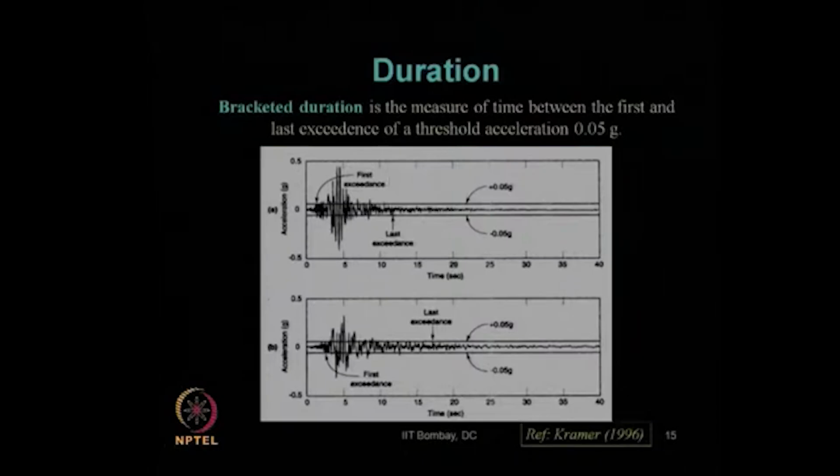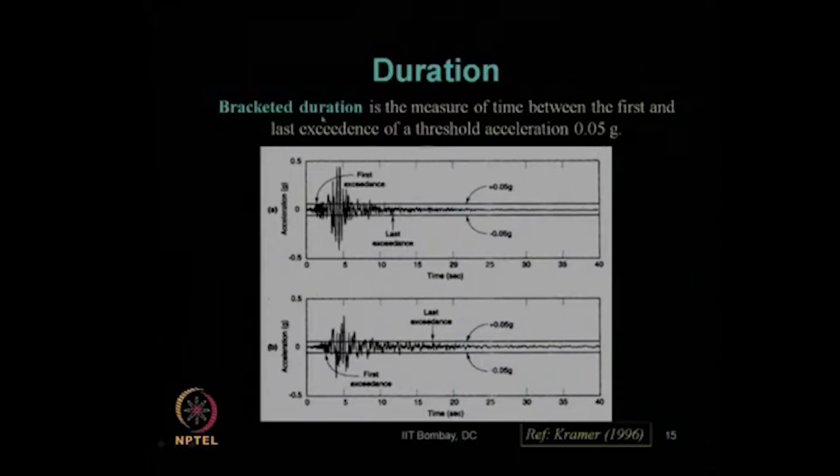That is the minimum value of acceleration which will start causing damage to our structure, which is typically taken by engineers as 0.05 g. So, that is the value of acceleration which is taken as minimum or threshold acceleration, above which it is considered a damaging acceleration which may cause damage to the structure.